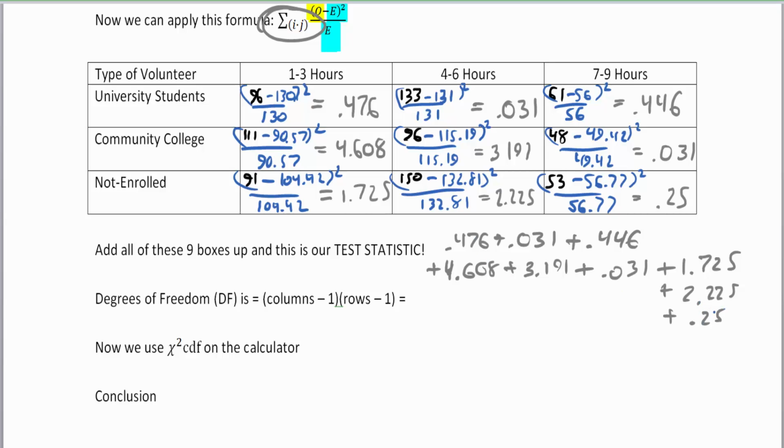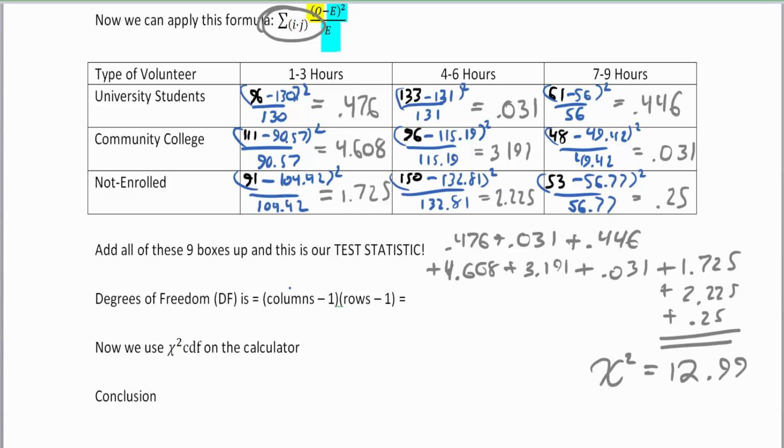If we add up all of these numbers, we get our answer of 12.99, or 13, depending if you just want to round it. This is your test statistic. Chi-squared is 12.99.